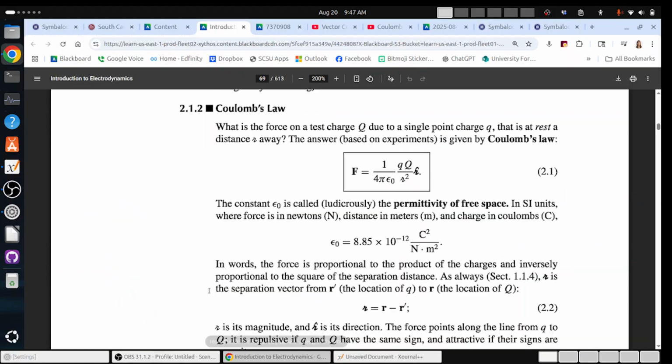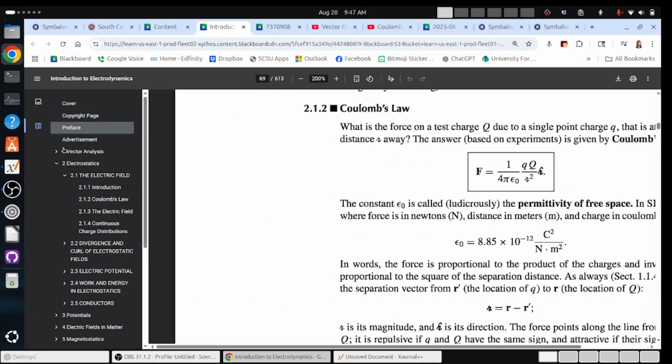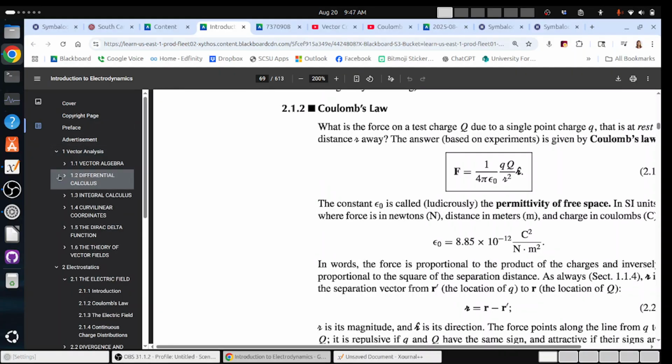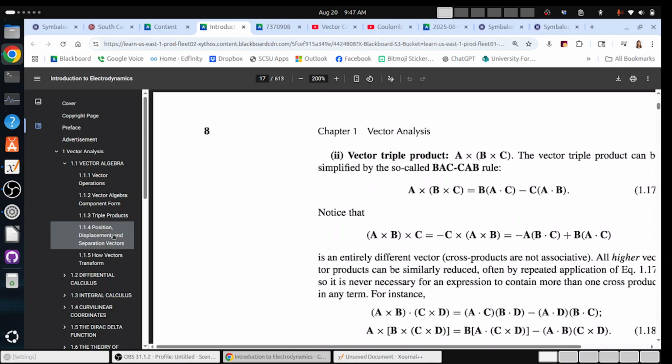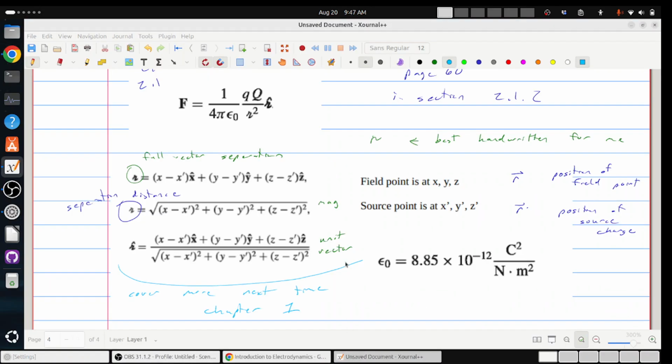So in our textbook, in the vector analysis and vector algebra, the position, displacement, and separation vectors are part of what was in that section. And so if you want to go back and look at that before our next class, that is in section 1.1.4. Okay?